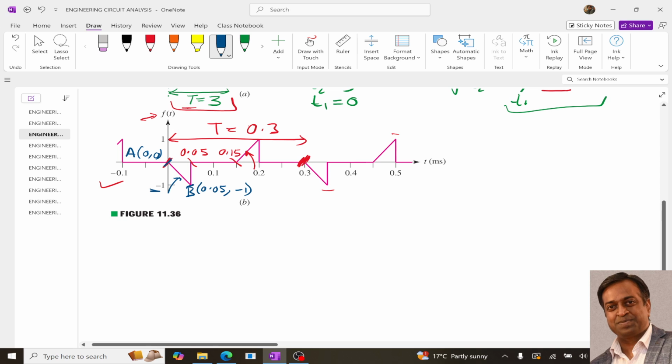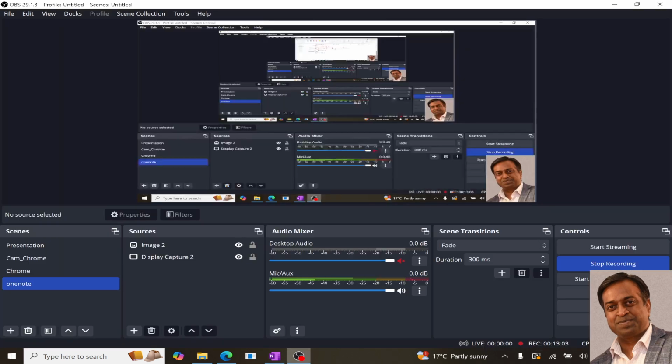So the equation will be like, we can write y is our f, right? So f minus 0, simply following the rules to get the equation of the straight line, right?